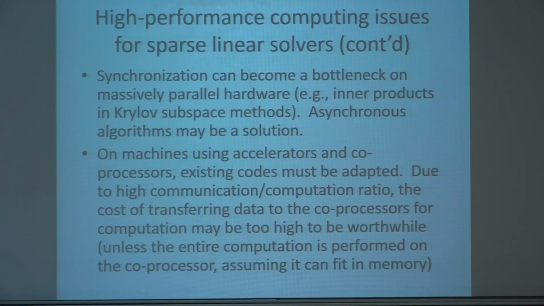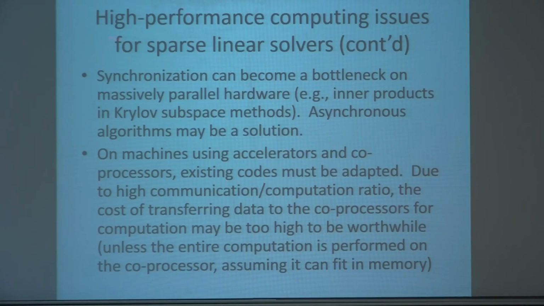And then final two points. When you have massively parallel hardware, synchronization can become a bottleneck. So for instance, in Krylov subspace methods, you need to do an inner product. That means that all of the processing units have to communicate at the same time to compute this one number, right? So some processing units might be faster or slower, depending on hardware irregularities or because of load imbalance.